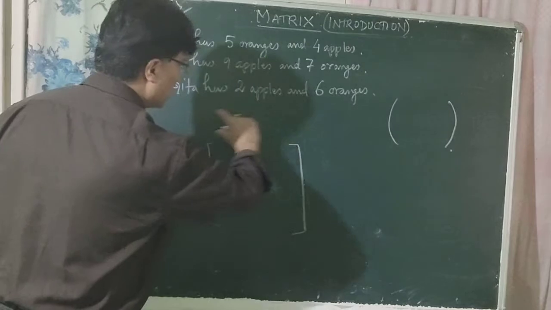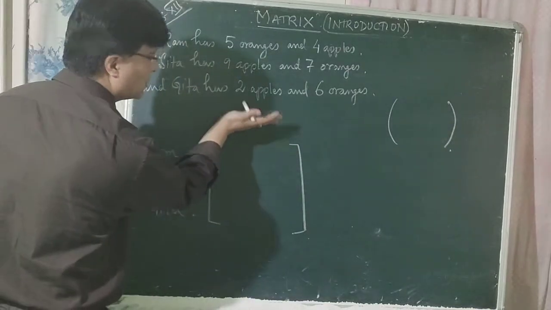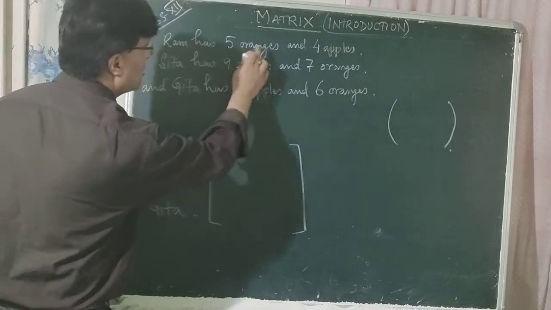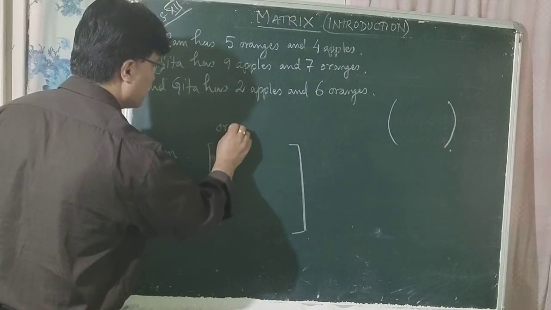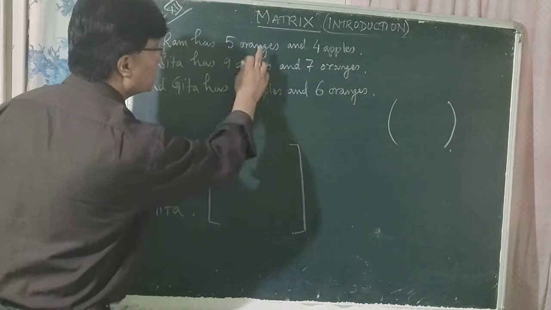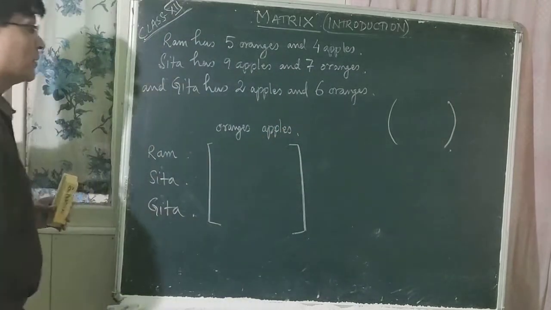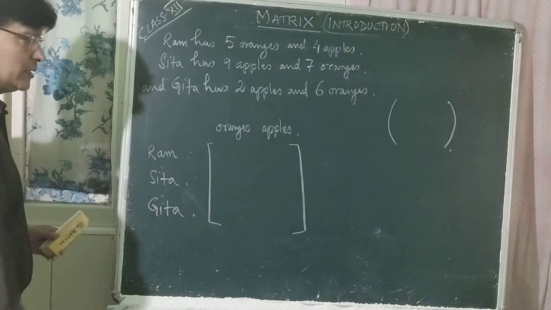And here in the above part, we will write the name of the fruits, that is oranges and apples. So there are 2 types of fruits, oranges and apples, right?